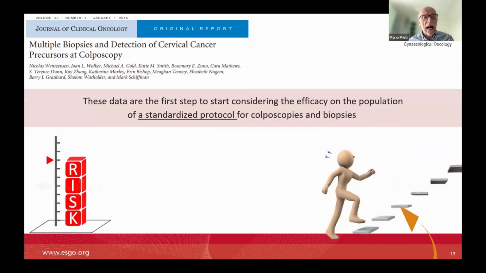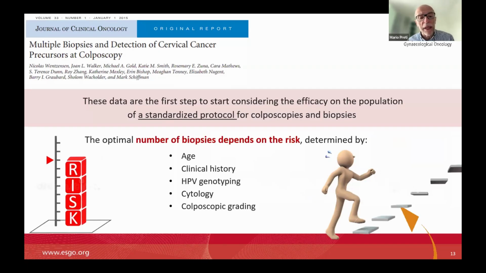And these data are the first step to consider the efficacy on the population of a standardized protocol for colposcopy and biopsy. Then the number of biopsies depends on the risk of the patient, most of all the age, the clinical history, the HPV genotyping, and of course cytology and colposcopic grading.